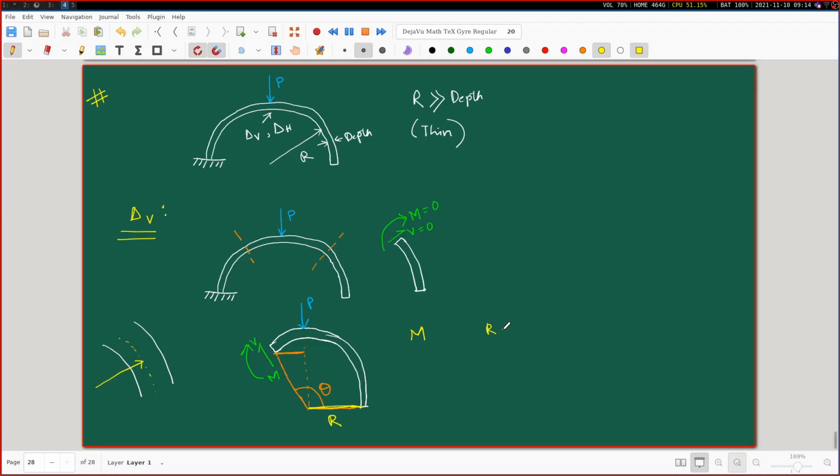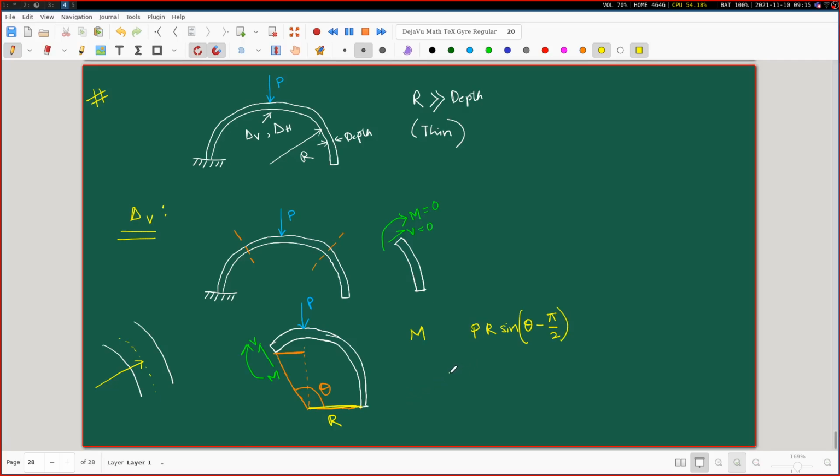R sine of theta minus 90, because this angle here is theta minus 90. So this one will be R sine of that, theta minus 90, times P. Is this plus or minus?